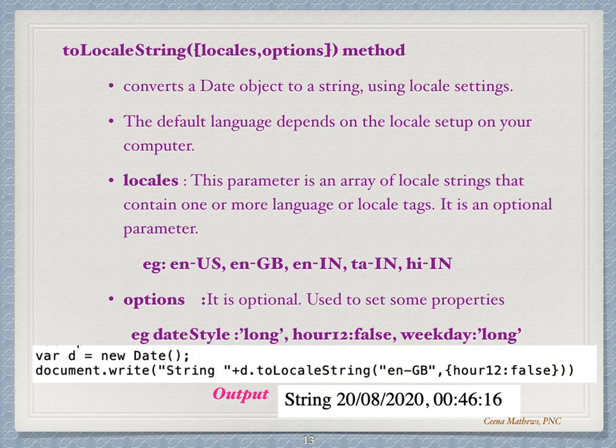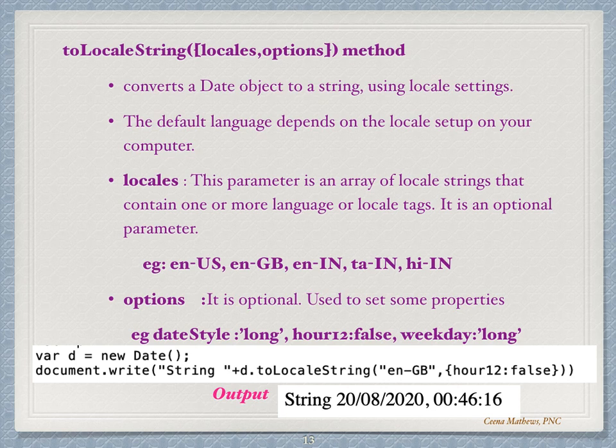Next method is toLocaleString, where we have two optional parameters. This toLocaleString will convert a date object to a string, that is, it fully converts the date and time to a string. The default language depends on the local setup on your computer. The locales parameter is an array of locale strings that contain one or more language or locale tags.